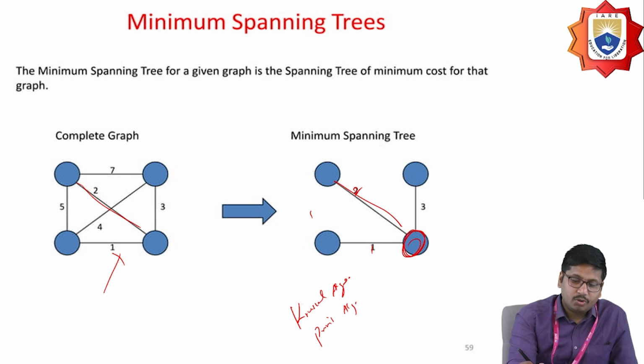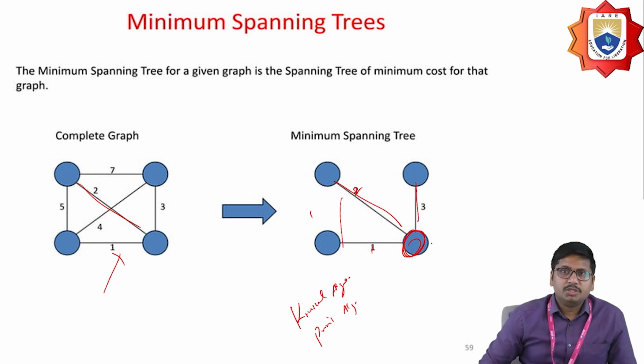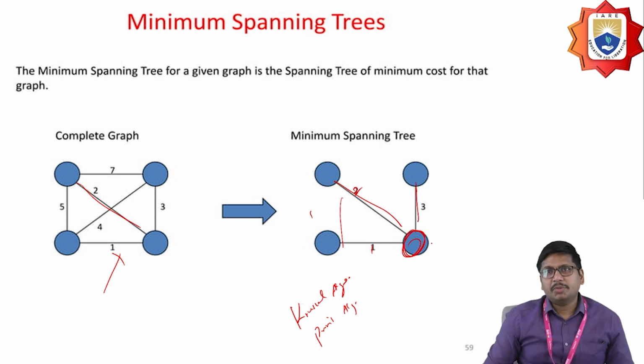And similarly, if I take 4, a cycle is going to be formed, that's why this one is not going to be selected. And 5, so I'm going to draw 5. It is also going to form the cycle, that's why it is not selected. And then 7. Next one is 3, so 3 is going to be selected. Like this, we're going to construct the spanning trees here.